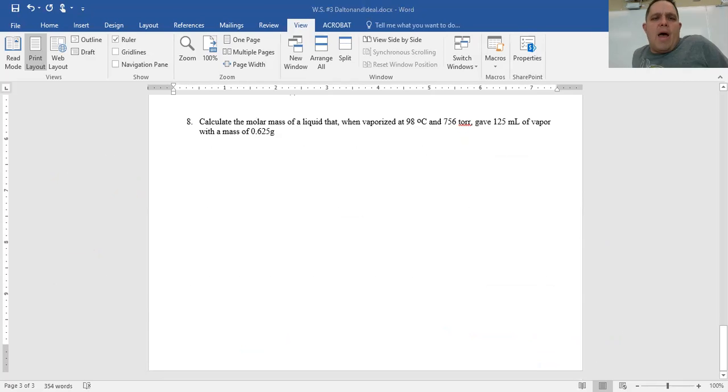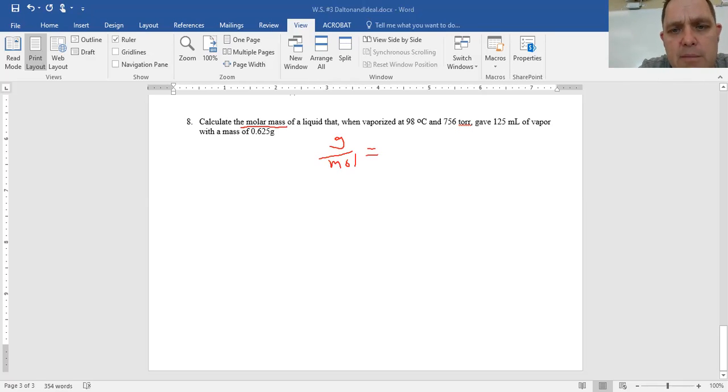Calculate the molar mass of a liquid when vaporized at 98 degrees Celsius, 725 torr, and gave 125 milliliters of vapor with a mass of 0.625. Well, in this one, it says molar mass, so that's what we got to get. And our label for molar mass is grams divided by moles. So right there, we got half that problem.